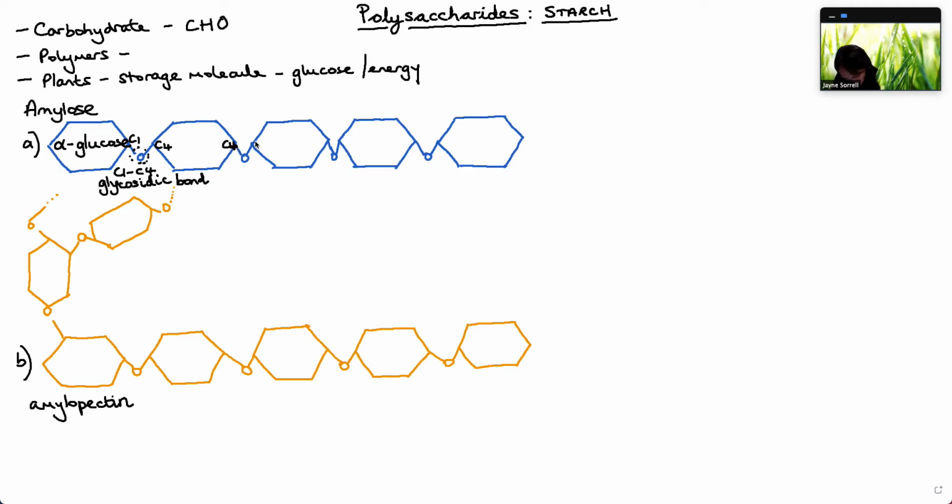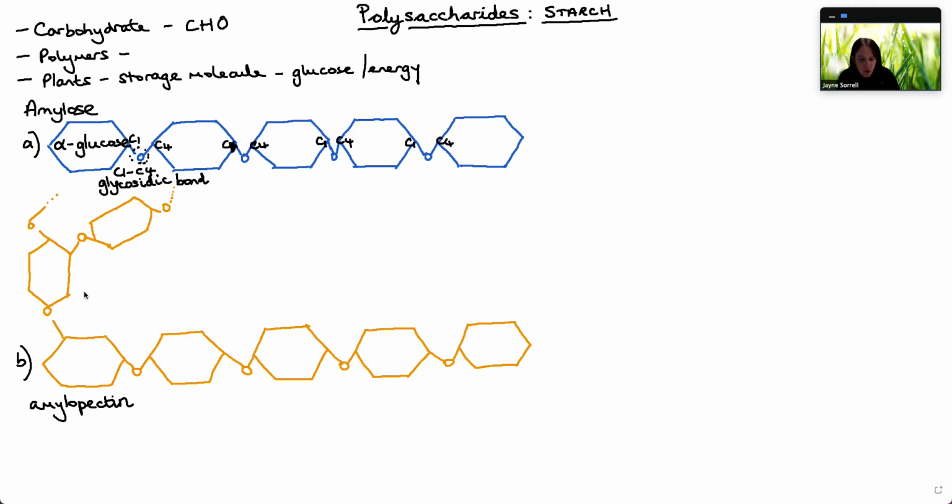So the bond is between the carbon 1 and the carbon 4 of the molecule. Carbon 1 there, and the carbon 4. So it's a carbon 1 to carbon 4 glycosidic bond. Once that amylose is produced, we have a straight chain, and that straight chain doesn't remain like that.